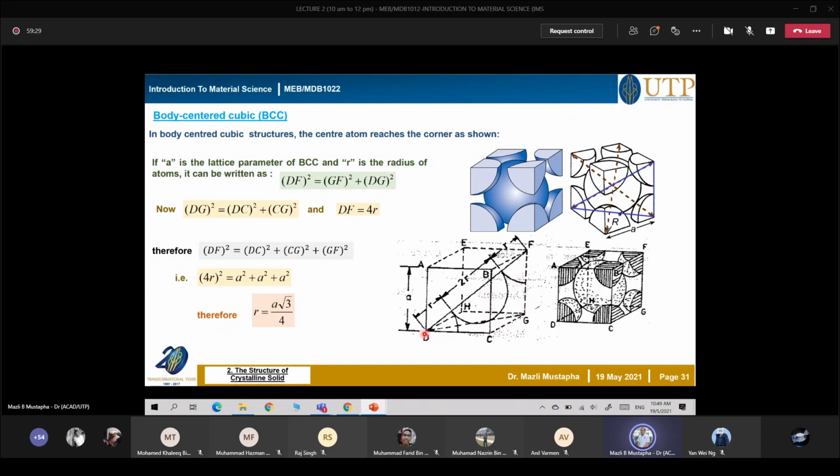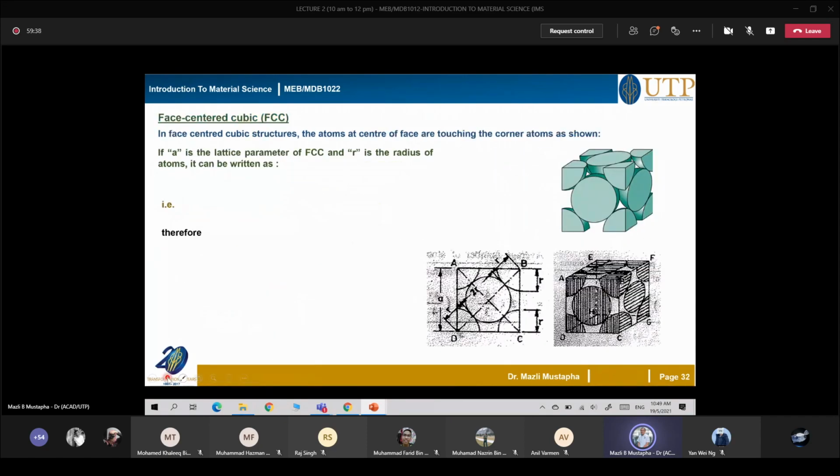Okay, this is the relation between R, the radius of the atom, and A. Sorry for the poor image. This is for the face centered cubic. You can see the atoms are touching each other at the face diagonal.